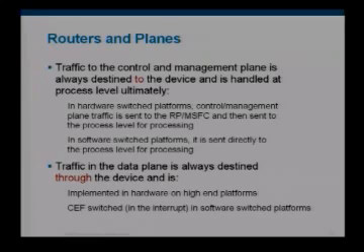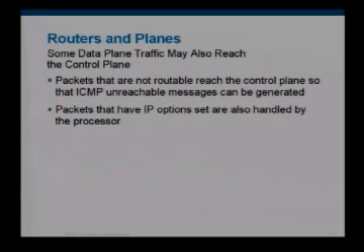However, the data plane traffic is always through the box. That is called the transit traffic. Make sense? I have a slide to show you more explicitly what that means. Control and management are to the box. Data is through the box.